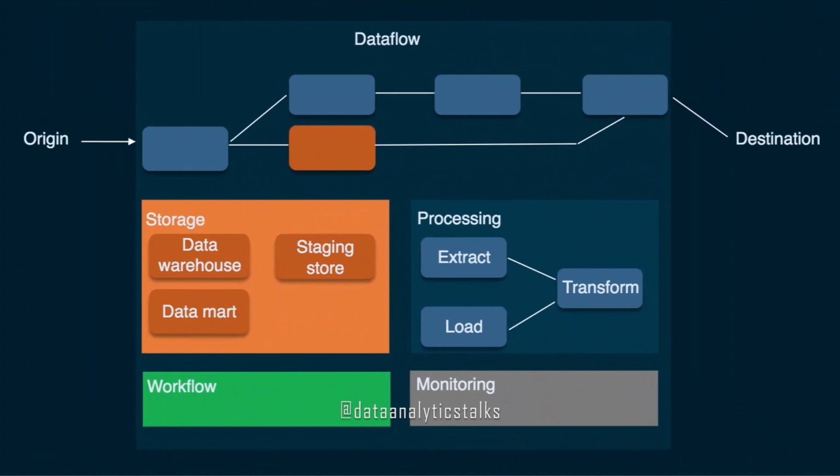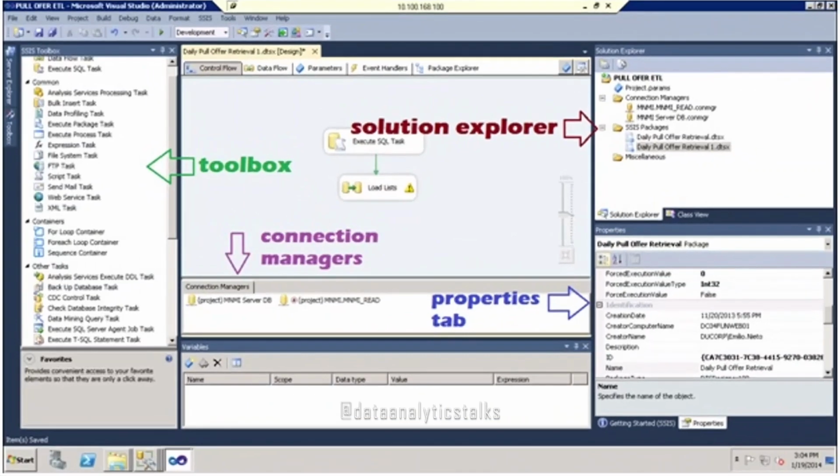Once you have the knowledge of how the system works, it's a matter of just mastering the tool and doing the execution. So today we are going to see one of the most simple tools, which is SSIS.